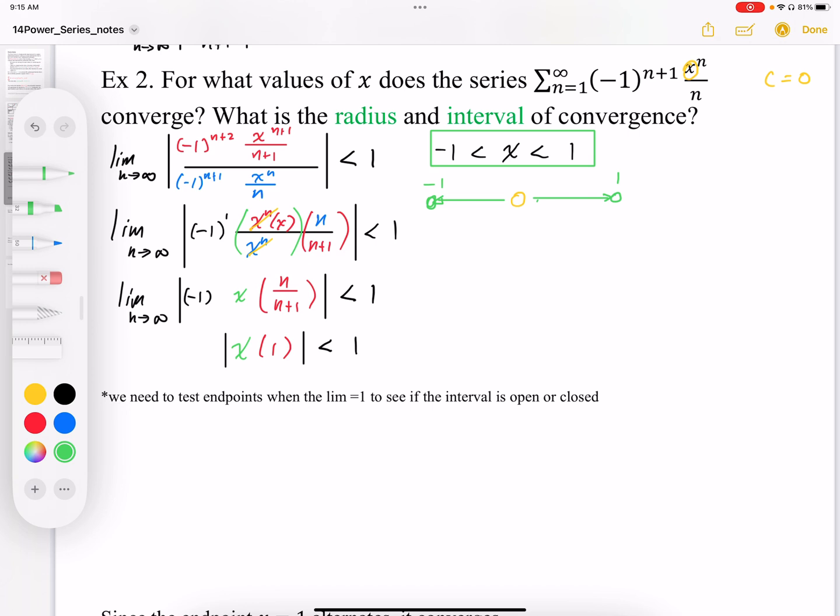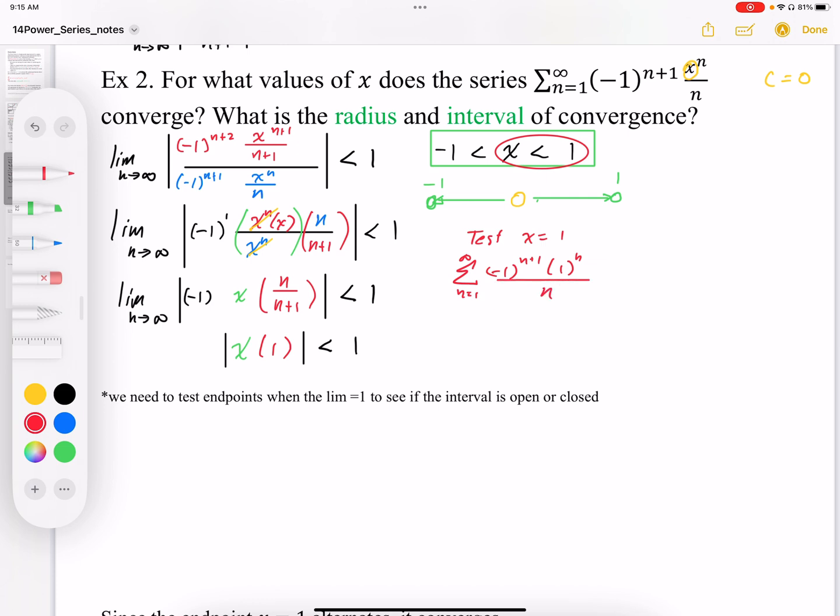Okay, so this is now a situation where we have to test endpoints. We need to test the endpoints by plugging in the x values at the endpoints. So I'm going to start with +1. So I'm going to test x equals 1. And I'm going to plug that into the original series. So n equals 1 to infinity, -1 to the n plus 1, 1 to the n over n.